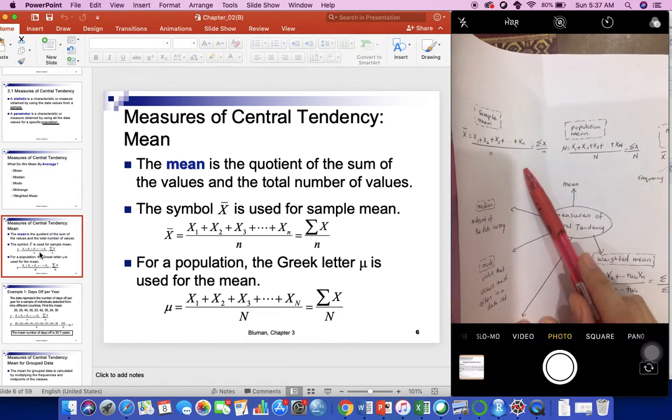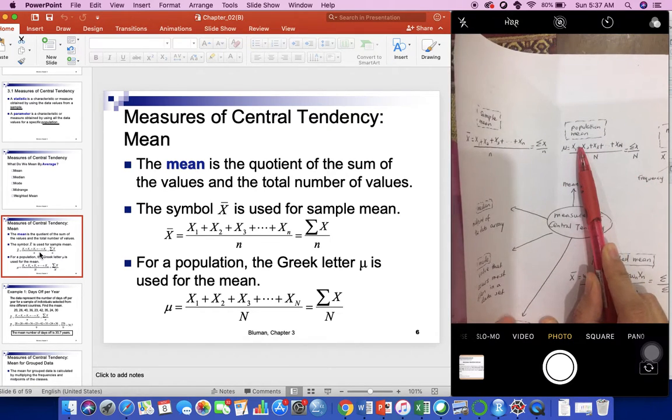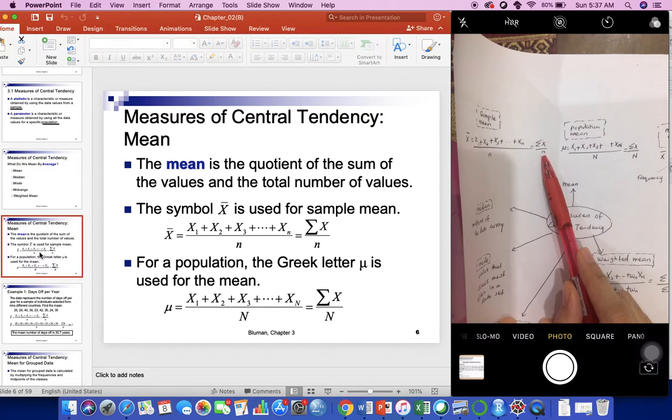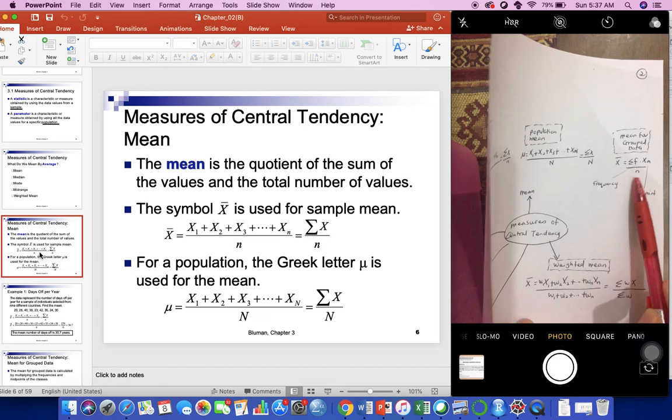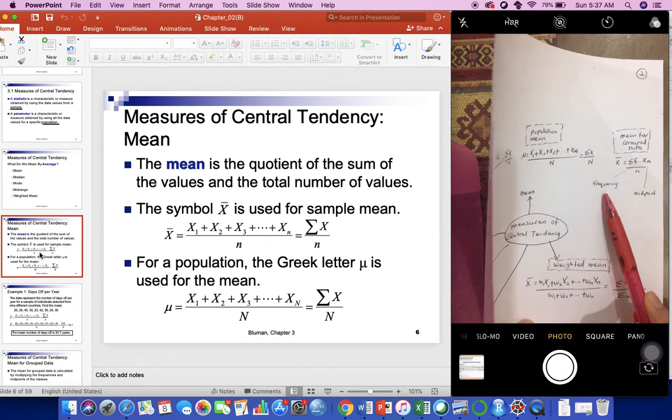For sample and population mean, they use summation of x divided by n. For the mean for grouped data, we use summation of f times Xm over n. F here is frequency. Xm here is the midpoint. So you need to multiply frequency times midpoint, sum them, over n.